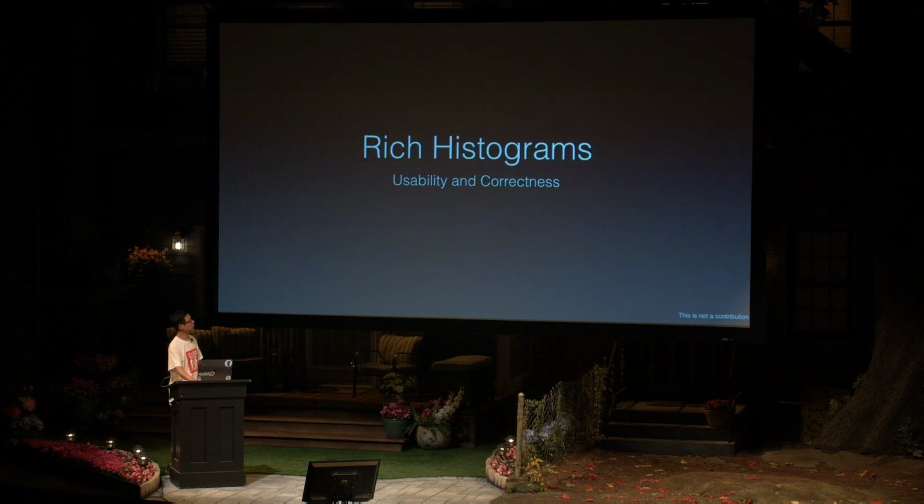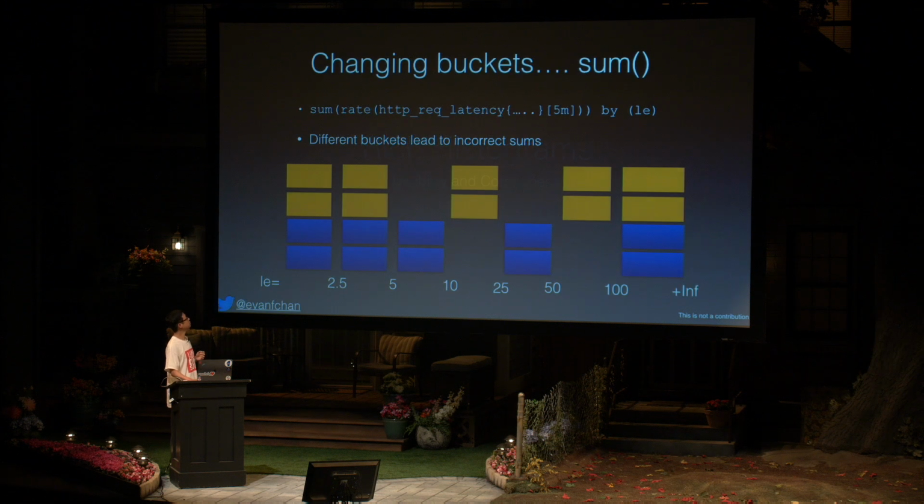Now let's talk about some usability and correctness issues that this kind of histogram schema also solves. One issue is that sometimes with histograms where you have to come up with schemas, it's likely that your first try might not quite be correct.